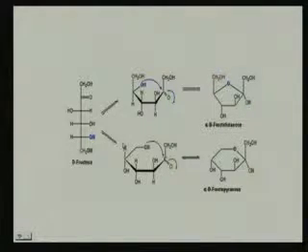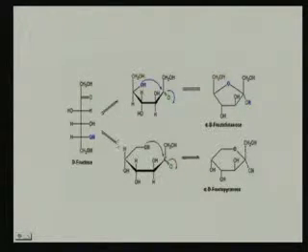When it is the 6 carbon ring, that is the pyran ring, then you see this is the second carbon, third, fourth, fifth, and here the sixth carbon is coming into the picture, and this OH group of the sixth carbon is forming this ring, and it is called alpha D-fructopyranose.